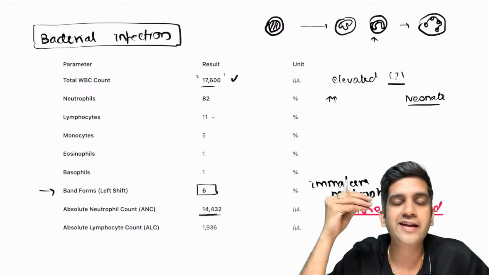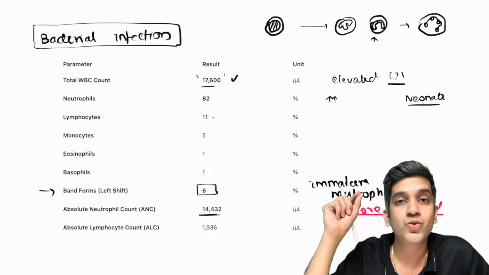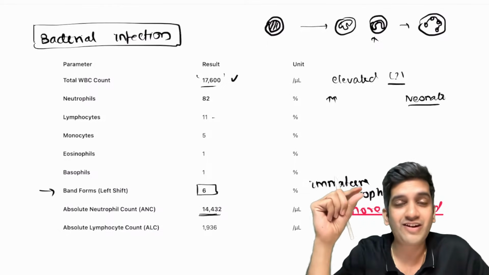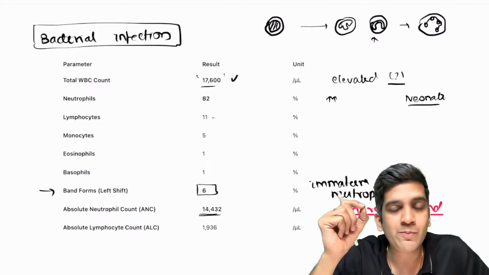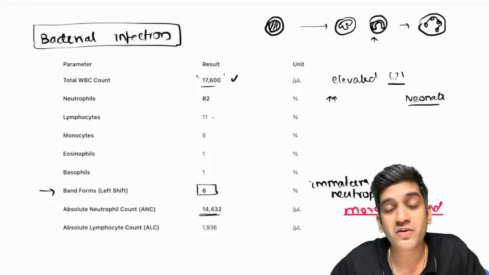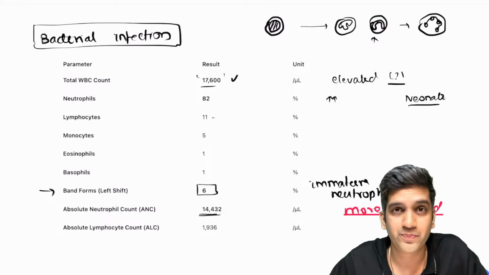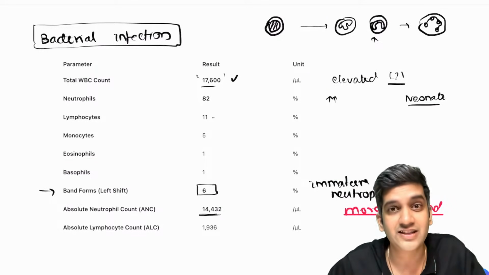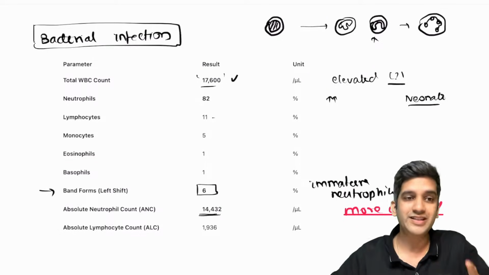In a neonate, it can even be around 18, 19,000. So age is also an important parameter. The values change based on age. A hemoglobin of 11 might be okay in an adult, but a hemoglobin of 11 in a child is not acceptable. It's very important to know the age-related standards, right? That's very, very important. So please always keep thinking about that.